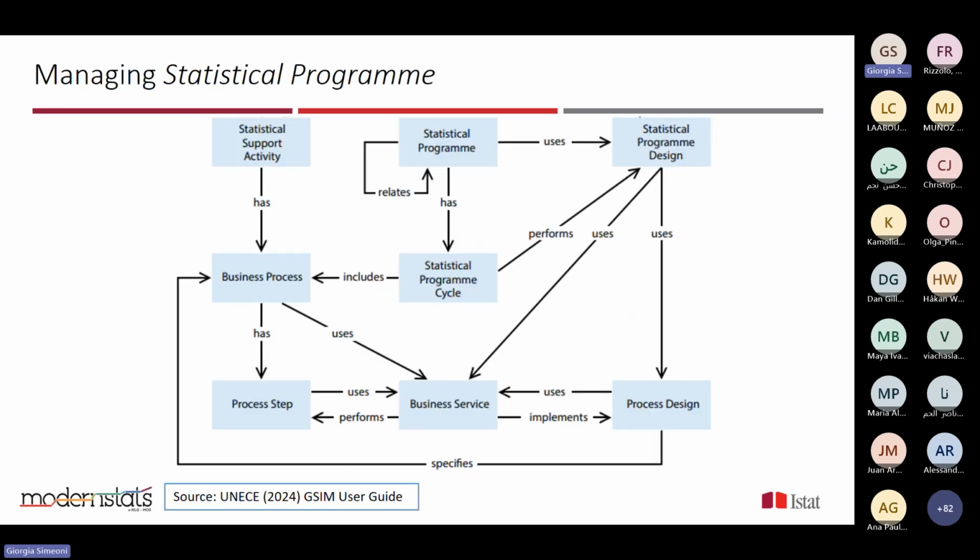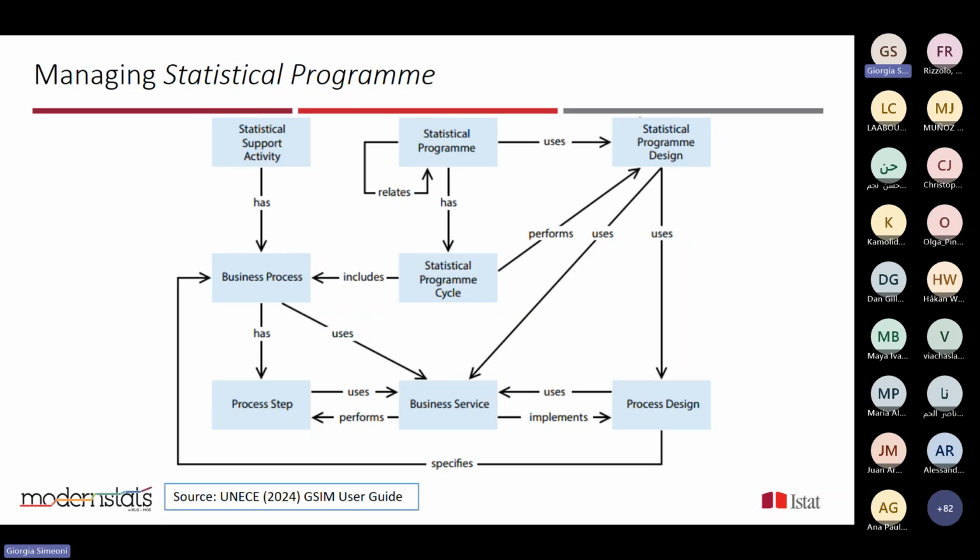Okay, after we have a statistical program, we have to put it into practice, to implement it with a statistical program cycle, that basically is an edition of the statistical program that implements the design.